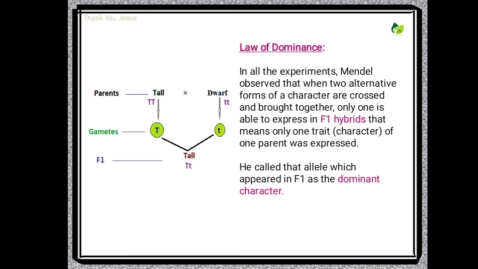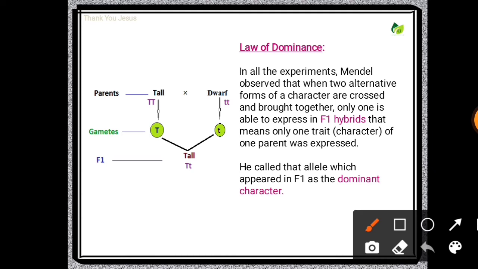That means only one trait of the parent was expressed. So, you can see the picture. Even though the F1 hybrid has both the alleles, it will express only the tall nature, the tall phenotype. Such a character which appeared in the F1 generation is called dominant character.